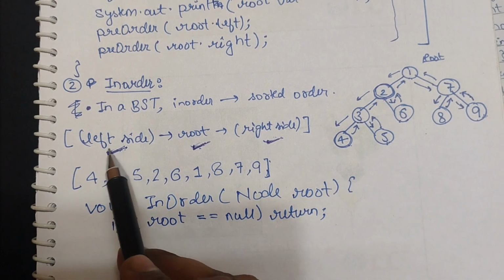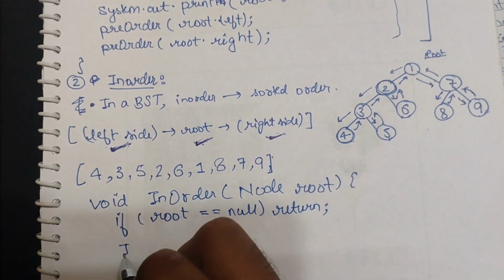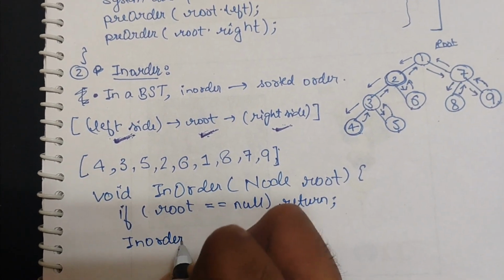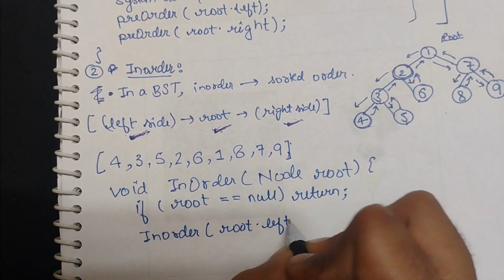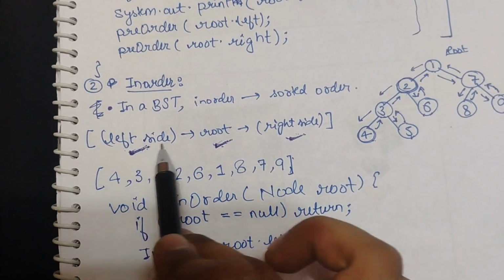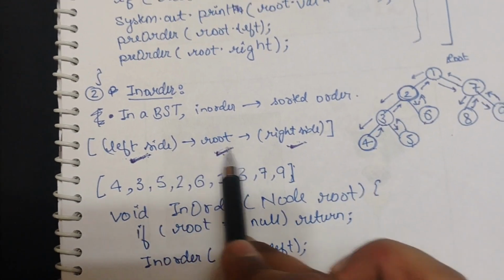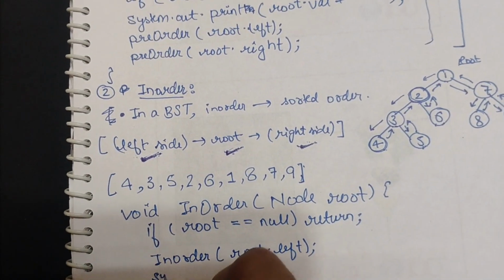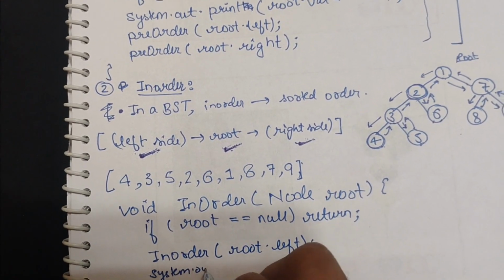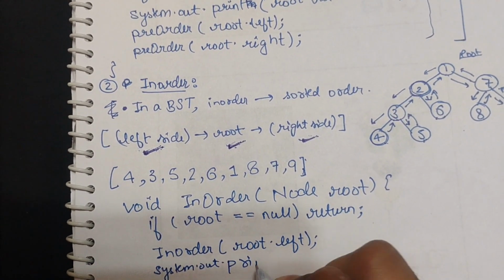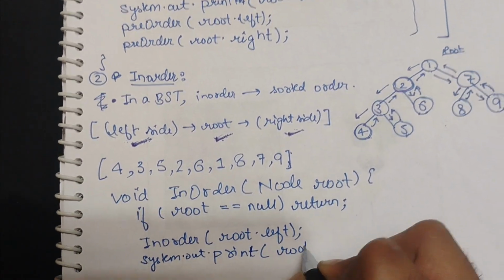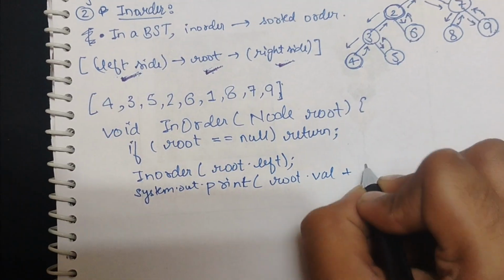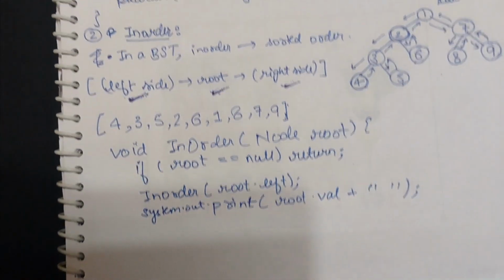What we were doing, we were first visiting the left sides. So I'll call Inorder on root.left. And when all the left sides are completed for a root, it will print root. So I'll do system.out.print root.val with some empty space.